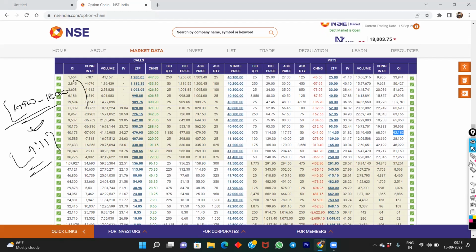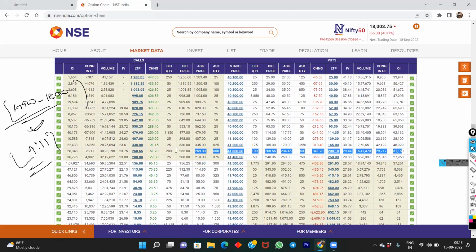Bank Nifty is opening near around 41,300 also. Bank Nifty is opening above 41,000 and below 41,400. Here you can see the open interest at the 41,400 strike price is 36,276, and at 41,300 the open interest at the put side is 31,160. So this shows Bank Nifty is opening above 41,300 and below 41,400.